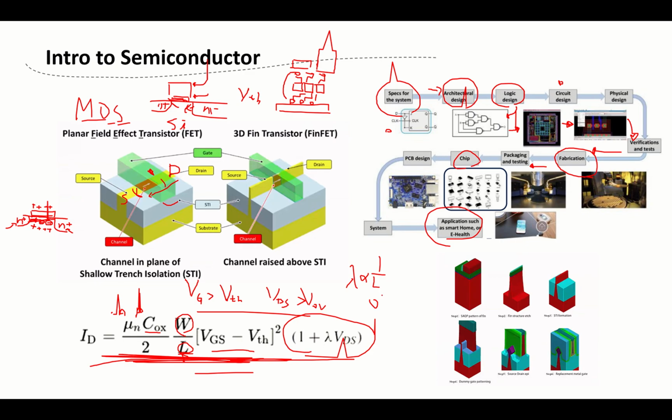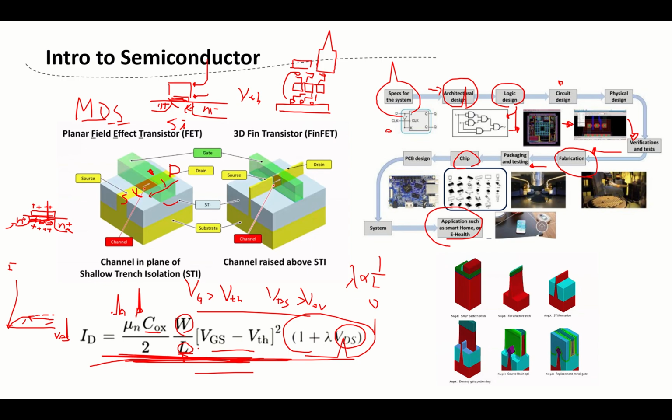But if the length keeps shrinking, then we'll see that if we increase the VDS, we'll increase the current a little bit. So we'll see a plot like this. Here's VDS, and here's I. Directly, it should be like this. Here's the saturation region, here's the linear region. But in reality, we'll see it become higher based on VDS.